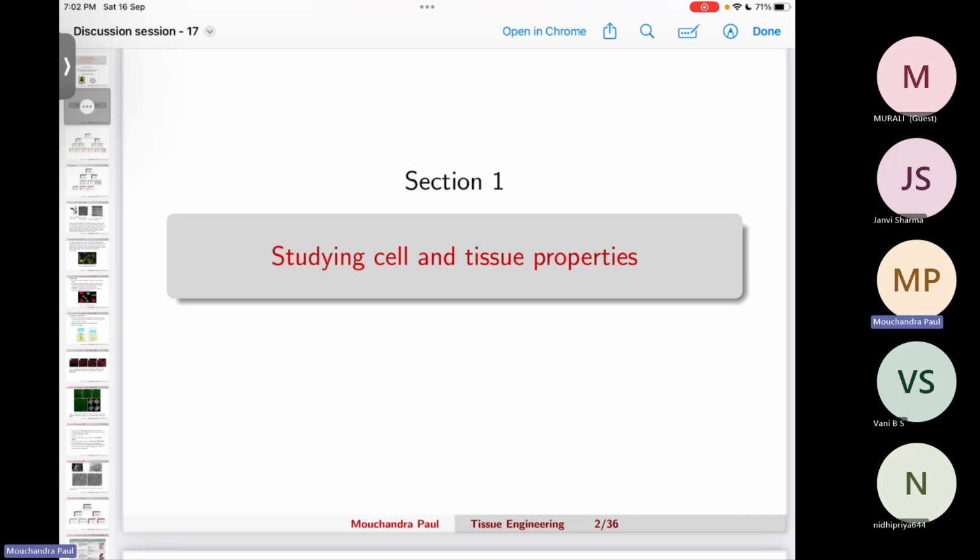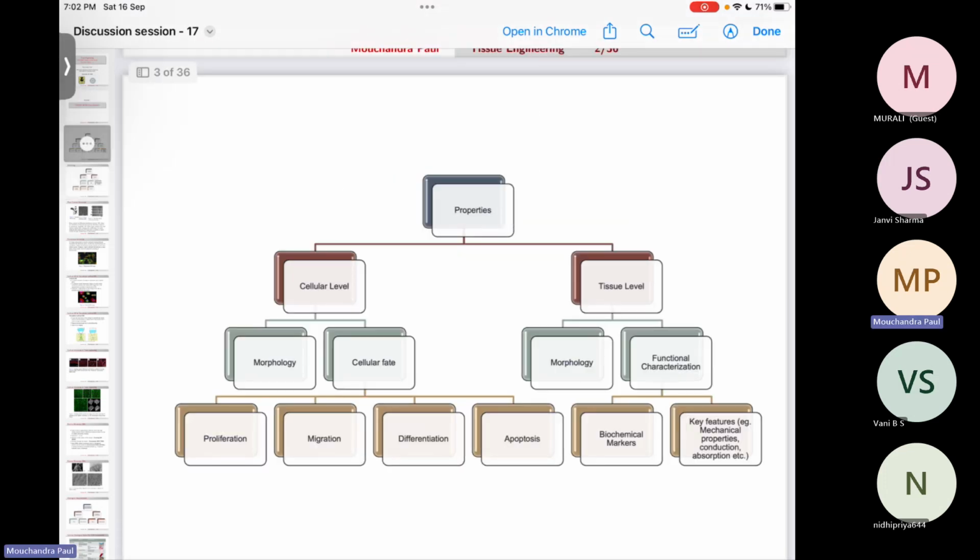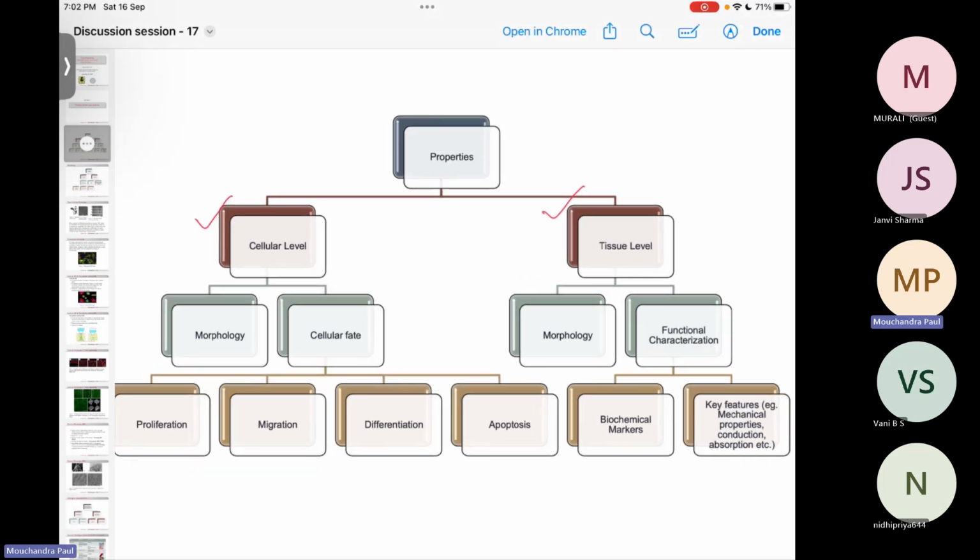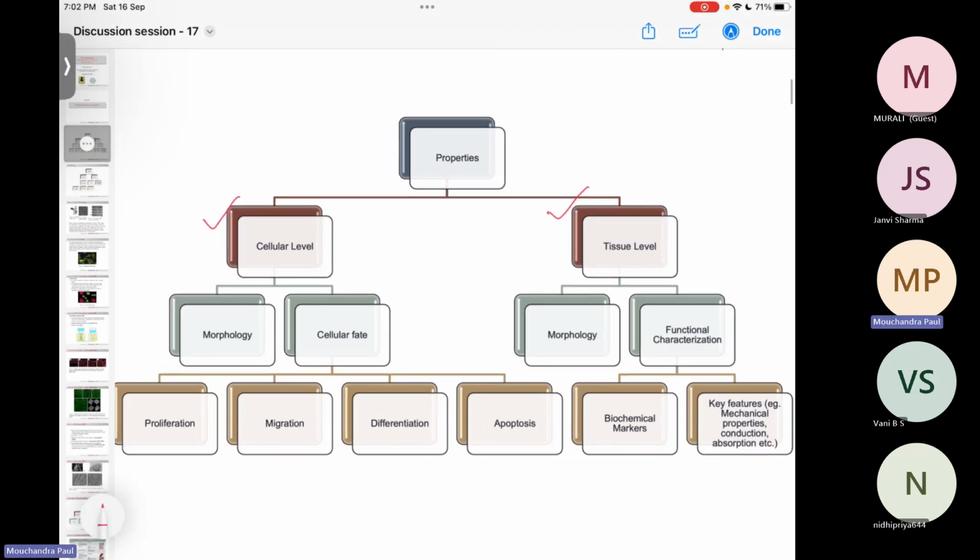Okay, so we can broadly classify the cell or tissue properties into two. One is at the cellular level, and another is at the tissue level. When you are trying to understand what is happening to the cell, people usually observe the cellular morphology, how the morphology is changing with different conditions.